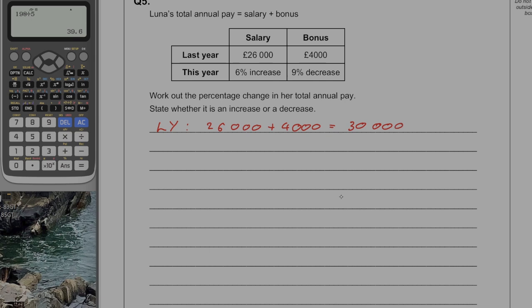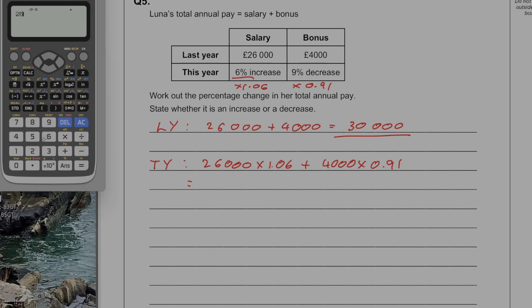Right, so this year, 6% increase is a multiplier of 1.06. 9% decrease would be a multiplier of 0.91. So if we do 26,000 times by 1.06 plus 4,000 by 0.91, that'll give us our total for this year.